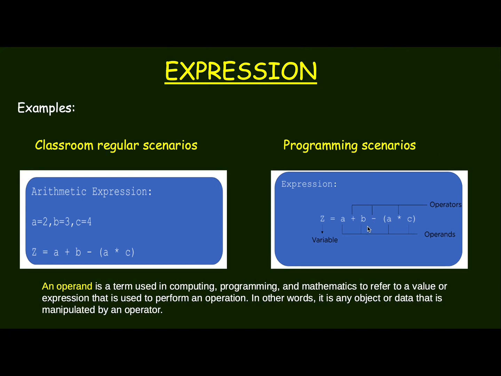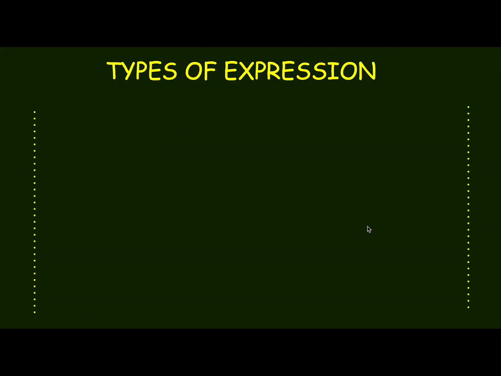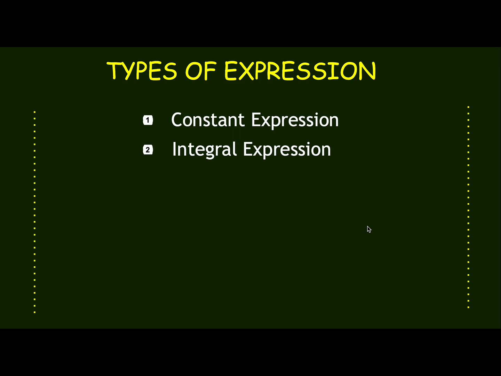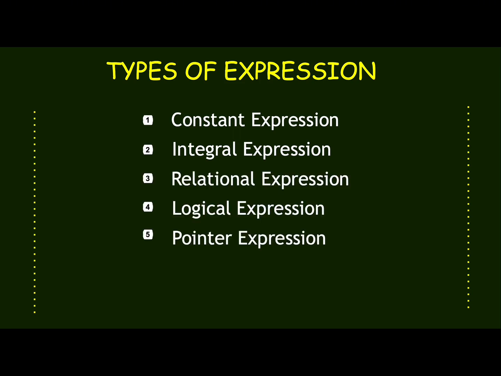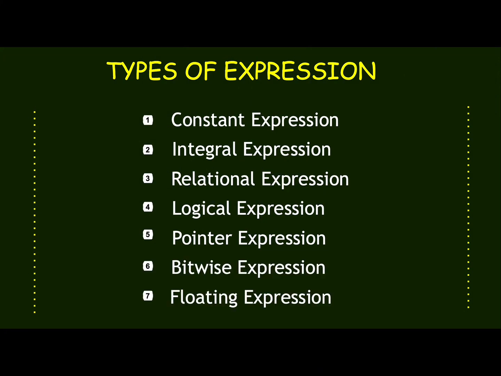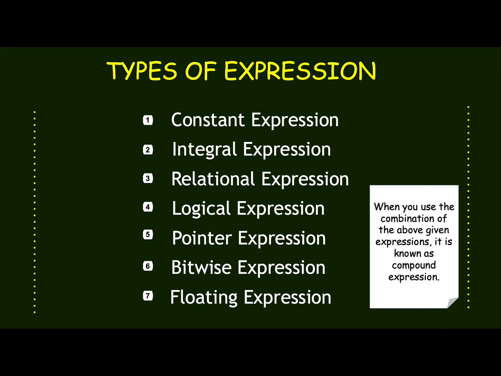Now let's look at types of expression in programming. The first one, we have constant expression, integral expression, relational expression, logical expression, pointer expression, bitwise expression, and floating expression. Remember also that when you use a combination of the above given expressions, it is known as compound expression.